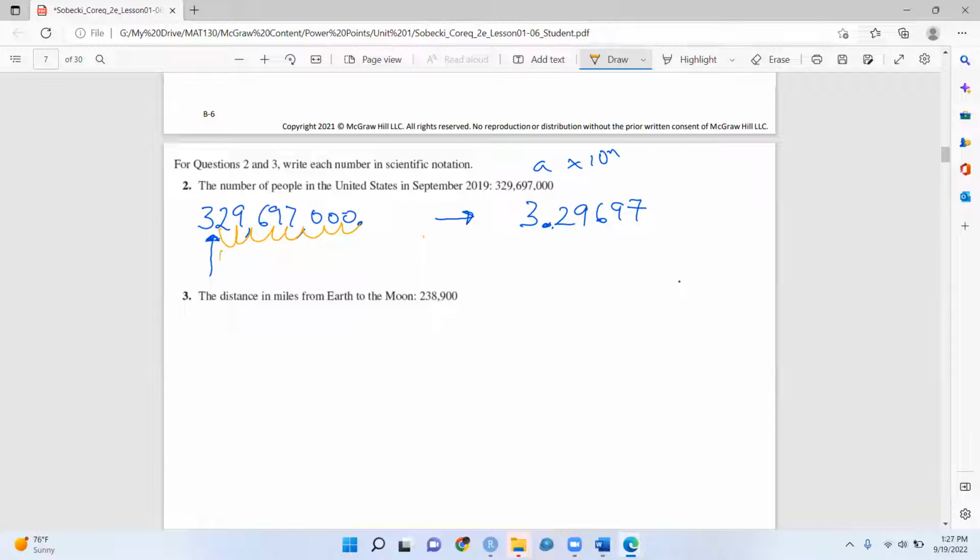I moved it 8 times. So if I want to keep this to be the exact same number, I need to write it as 3.29697 times 10 to the 8th, because I made it 8 times smaller. Technically, I took this number and divided it by 10 to the 8th power, that's 100 million, and got this amount.